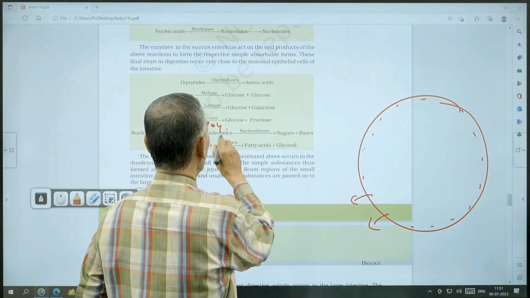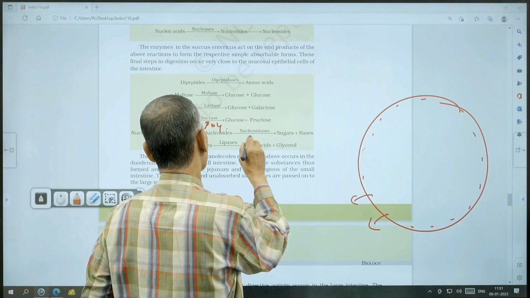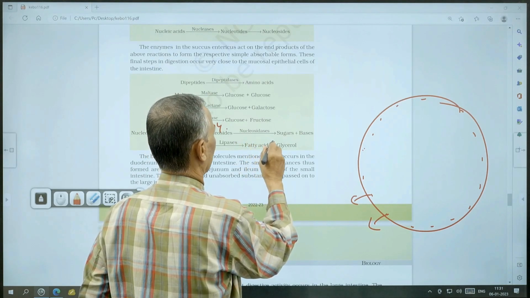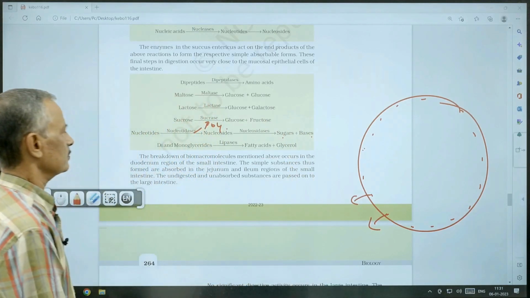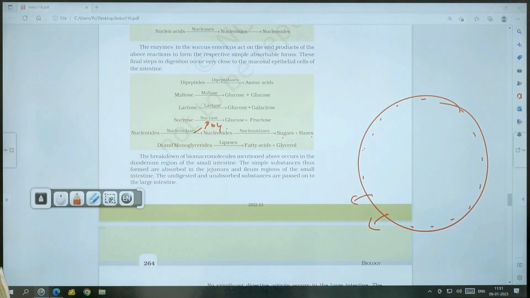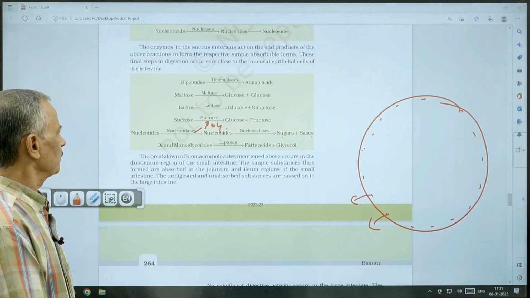Now, these nucleosides are acted upon by the second enzyme, called nucleosidases, that break them into sugar and nitrogen bases. Thereby, nucleic acid digestion is also complete.